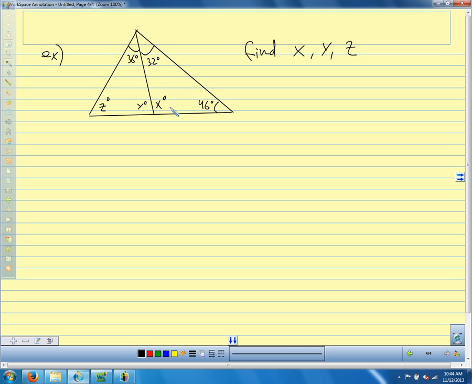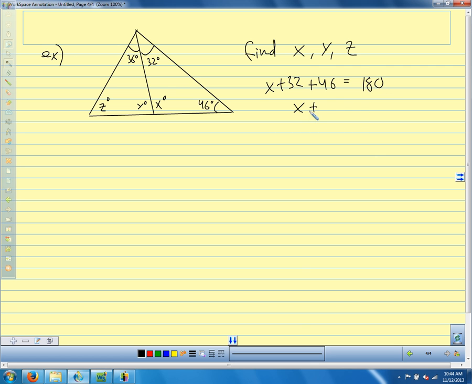So how can we get started on this? What's going to be the easiest one to find first? X. Let's find x. Isn't this like what we did on the opener? We know that all three of the angles in this triangle have to add up to 180 degrees. So we know that x plus 32 plus 46 has to equal 180.